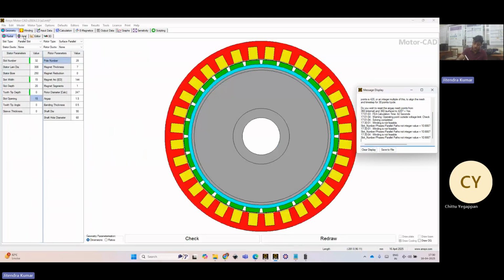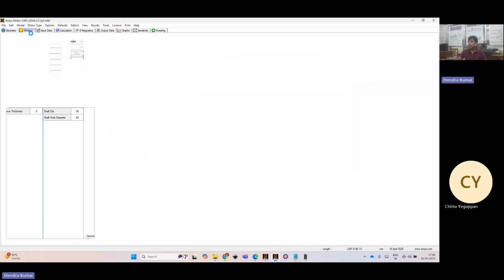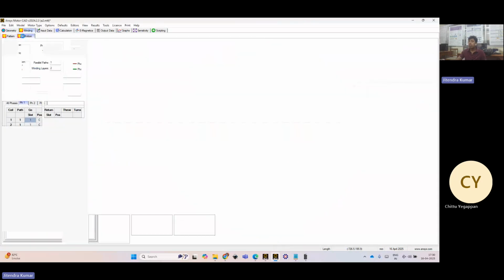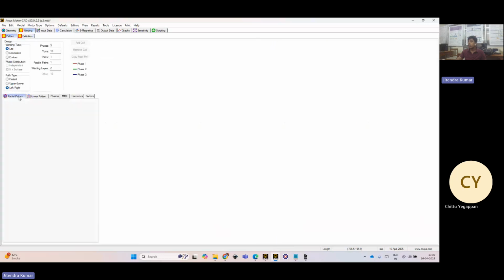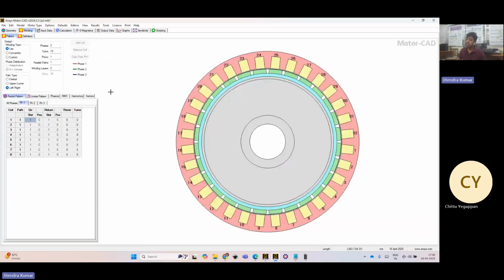Because slot per pole is 32 by 4, that is 8, right? Slot per pole is 8 here.